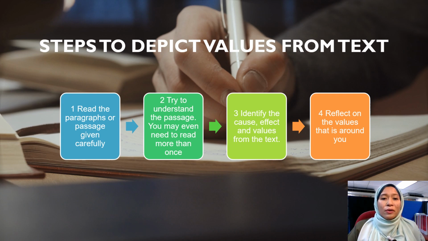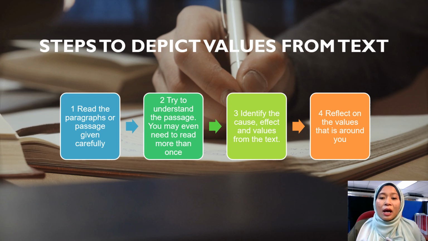So you can follow these steps to identify values from text. Firstly, read the paragraphs or passage given carefully. Number 2, try to understand the passage, and you may even need to read the text more than once.